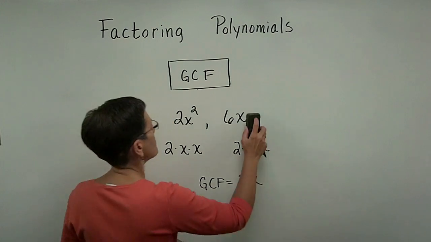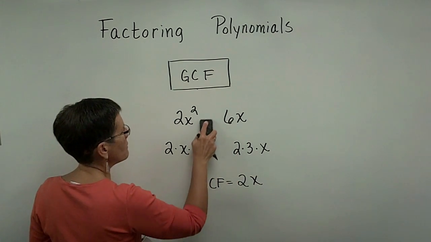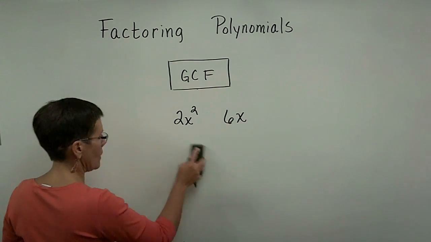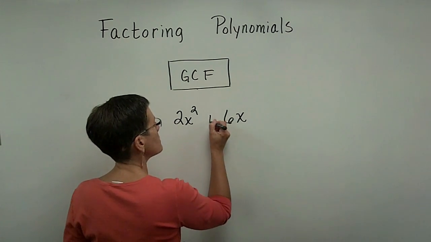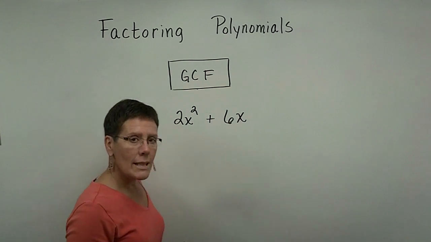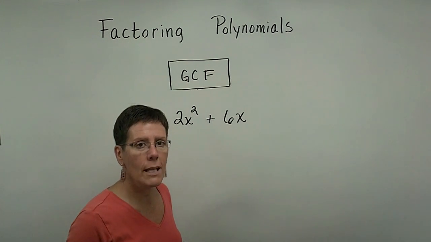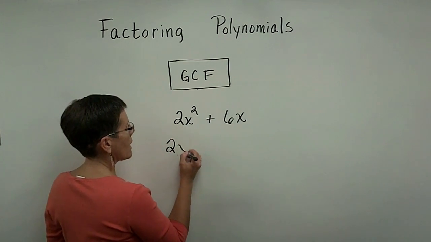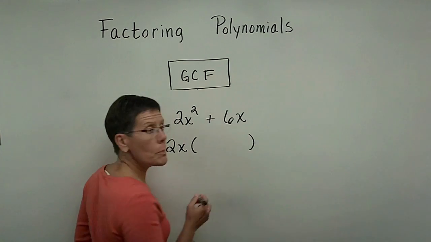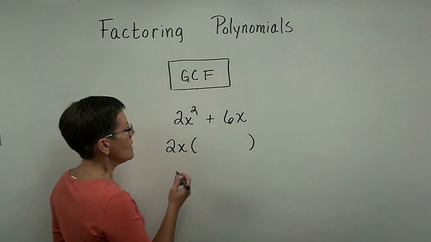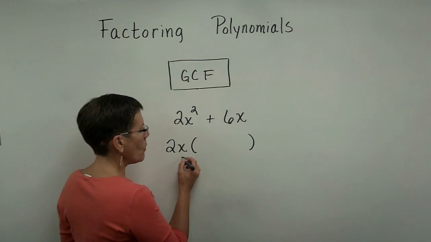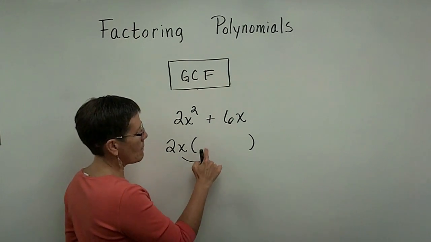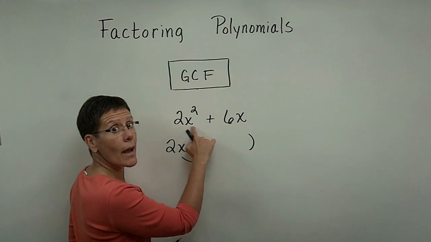Now let's use that. Remember, 2x is our greatest common factor. Let's make this into a polynomial by putting a plus sign in between. In that first step in factoring, where I take the greatest common factor out, I'd like to pull the 2x out in front of a set of parentheses, and then I have to ask myself, what would I need to put right here if I were to multiply 2x by that and get this 2x squared?